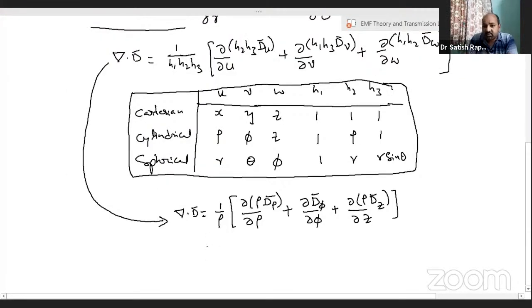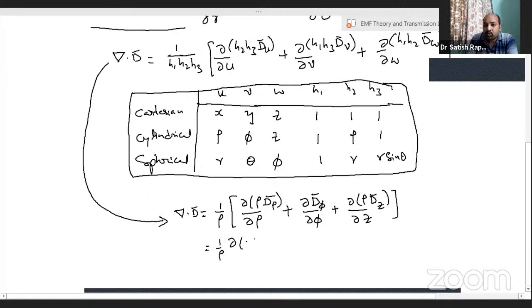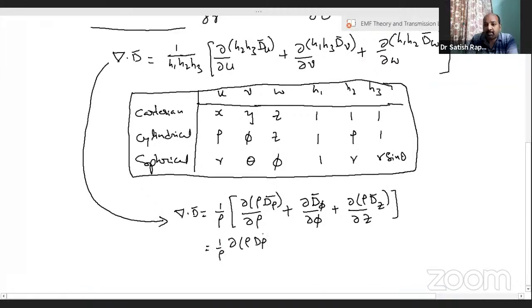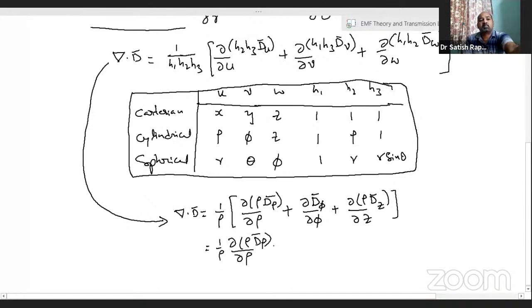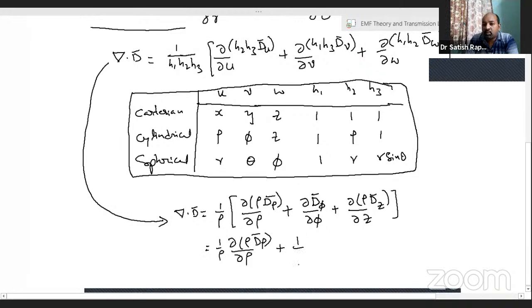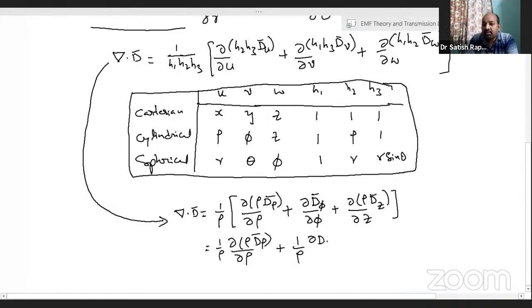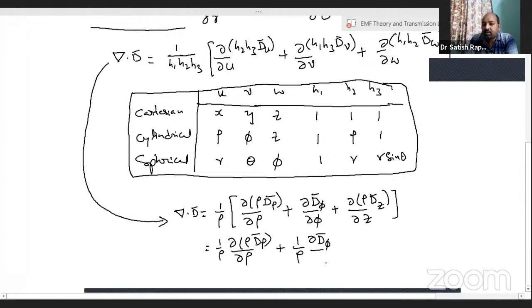If you simplify this, it is equal to 1 by rho dou by dou rho of rho D_rho plus 1 by rho dou D_phi by dou phi plus dou D_z by dou z. That's it.